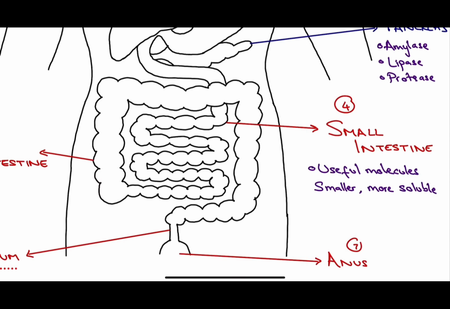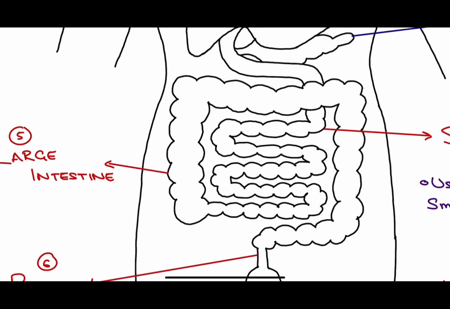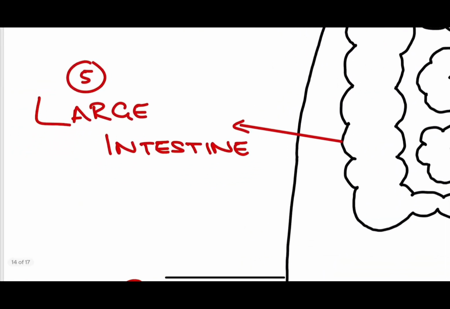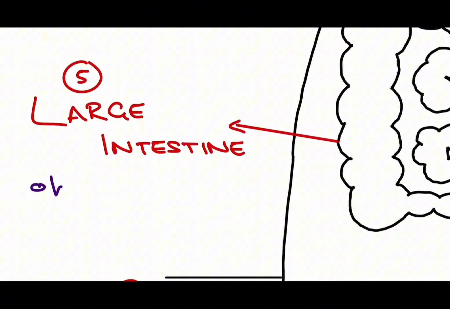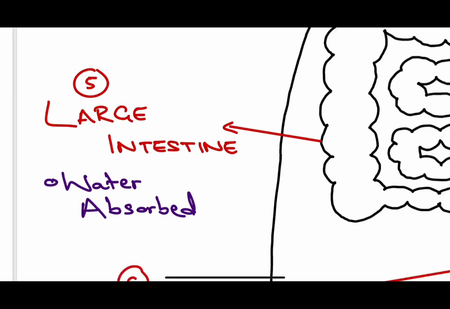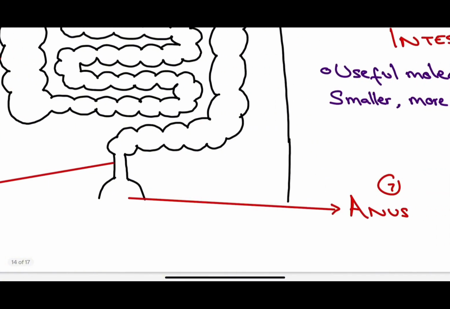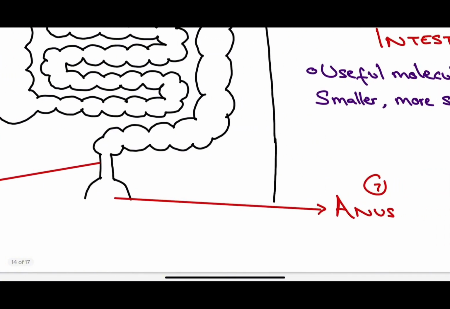However, you will have some waste products. Your waste products go to the large intestine, where further water absorption happens. Then your waste is stored in the rectum until it's able to be passed out through the anus.